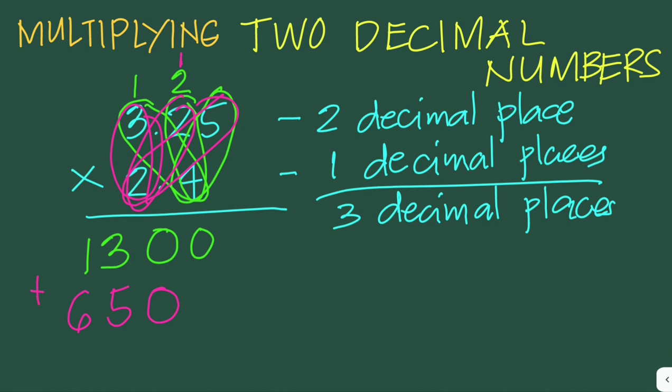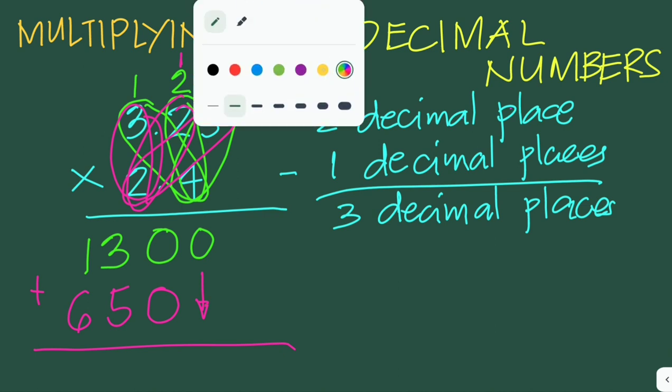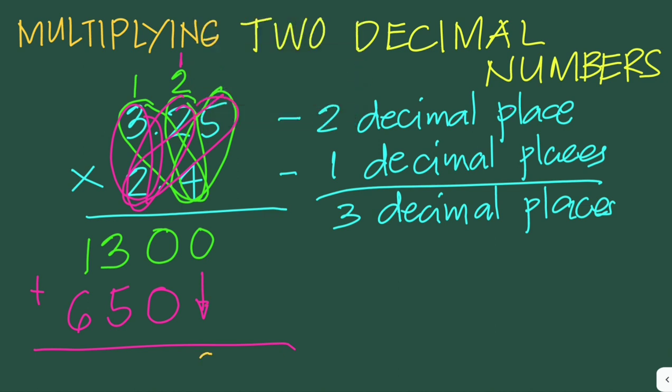Then we add the results. Alright, so 0 plus nothing, there's nothing to add here to 0, so we just bring down 0. So place 0 here. 0 plus 0 is 0. 3 plus 5, that is 8. 6 plus 1 is 7.